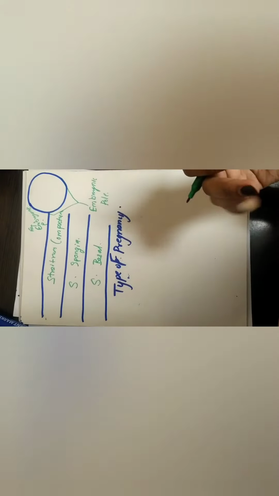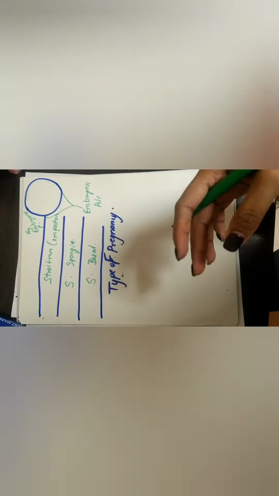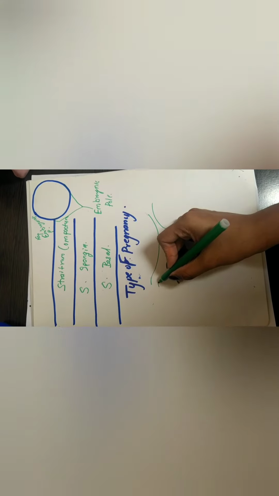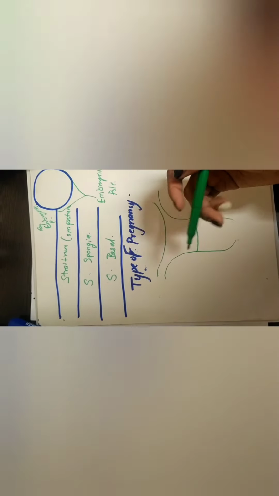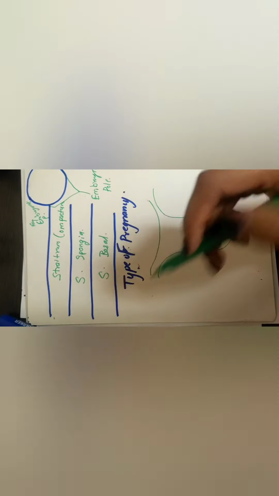The next thing is the types of pregnancies. You have heard about normal pregnancy and abnormal pregnancy. Suppose this is your uterus. The normal pregnancy always takes place above the medial line of your uterine cavity. If the pregnancy occurs below that, it's abnormal.